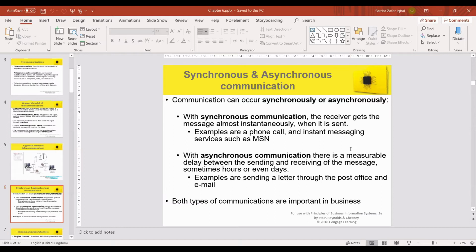So there are some delays in this. The only difference is the delay. In synchronous, there is no delay because this is a dedicated path. In asynchronous, this is not a dedicated path. It will take time to find the destination, reach it, and wait for the response of the destination as well. So both types of telecommunications are important in business.